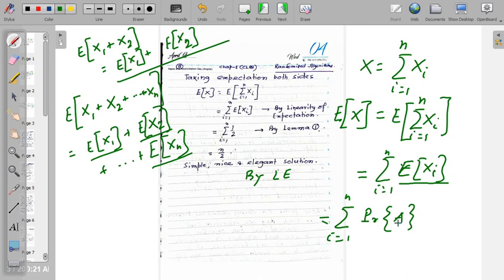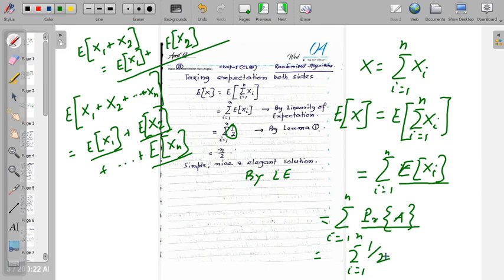And so if the ith coin flip is a single coin flip experiment, what is the probability that head will come up? Half. So for i equals 1 to n, this is half.